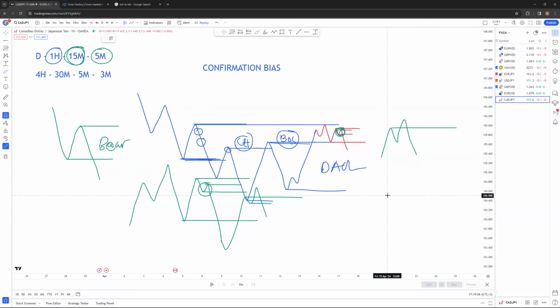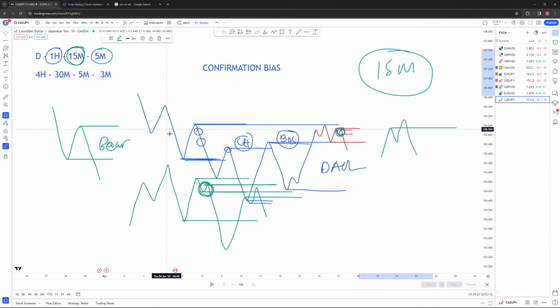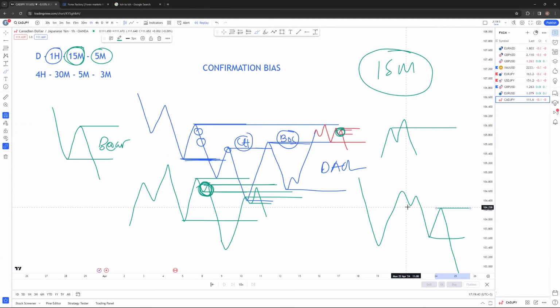Yeah, you can use that, because this 1 hour formation is just a guidance. This will guide us. This will be the first area for us to consider. But if you go to the 15 minutes and the price gives you another formation that is out of this formation, this is the 1 hour formation, this is the 15-minute formation.